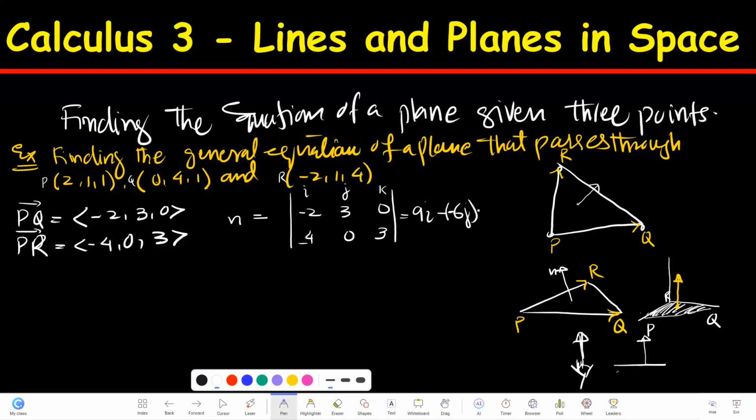Okay, and then plus minus 12. If I simplify it a little bit, there's going to be 9i plus 6j plus 12k.